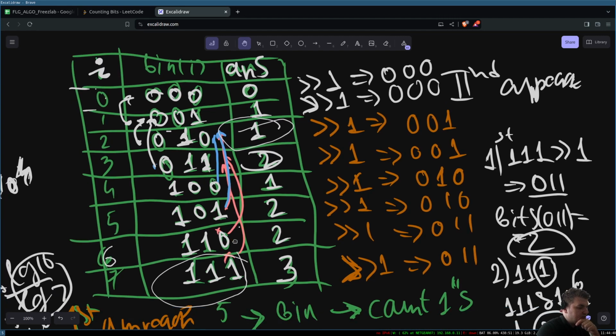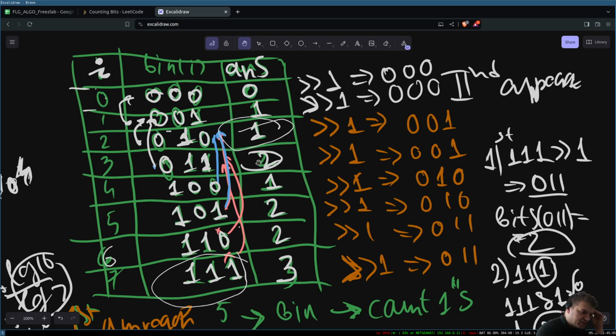the number ending with one. So let's say I want to calculate the number of ones in six. For the first step, I shift I by one to the right. So instead of 110, I have 011, and I need to get the number of bits for 011.